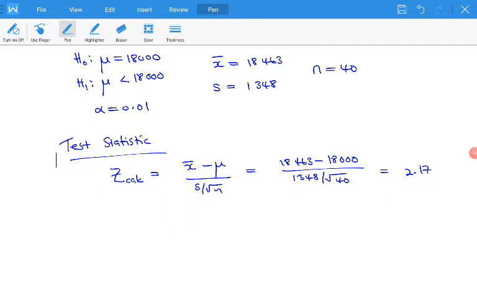So our critical value, again, this is a one-tailed test, so we want Z at 0.01.